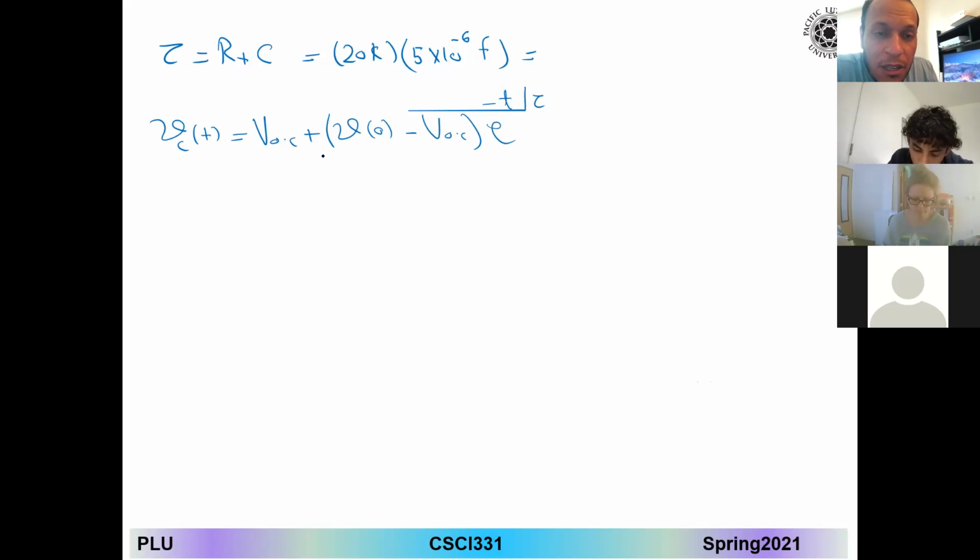In this case, this is the natural response, which I can type as E to the minus t over tau, whereas the A here represents V0 minus V open circuit. So all the time, that's how I represent the natural response.